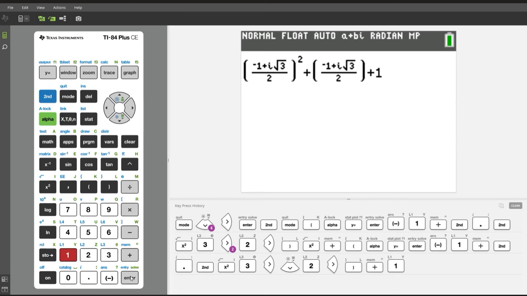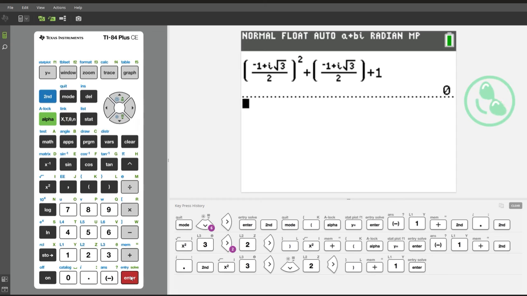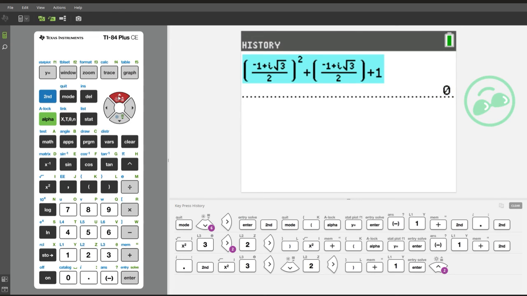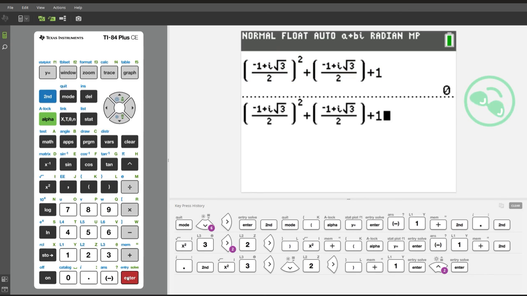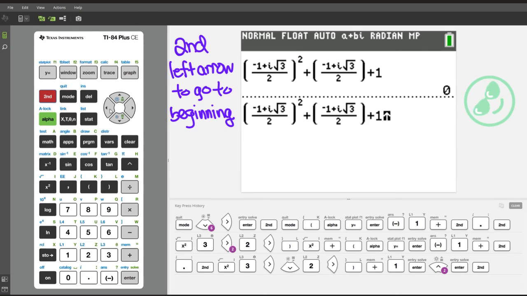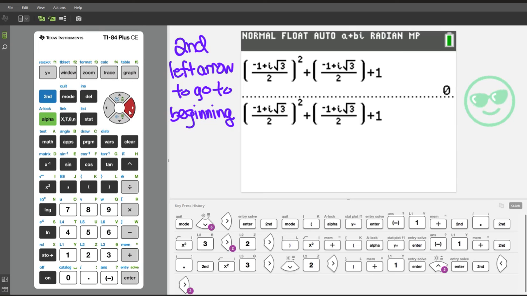So, yes, it is indeed a solution. So we did all of our work correctly. Now what we could do is test the other one. Go up to what we entered, press enter, and it re-enters that in the new line. So now we can edit this. Press second left to go to the beginning of the line, and then we arrow right to the plus sign and change it to a minus sign.